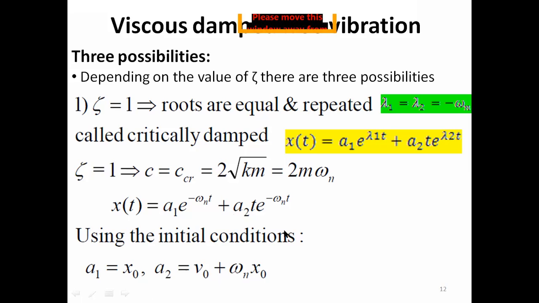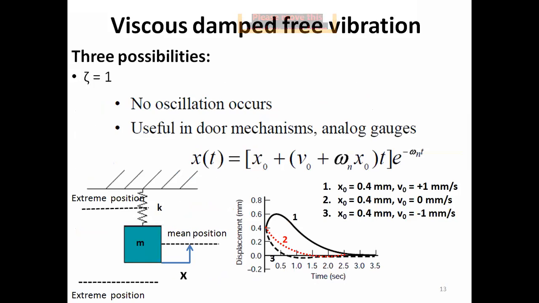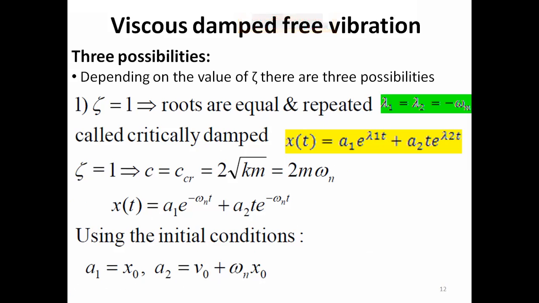So just by utilizing the initial conditions, we could find these arbitrary constants a1 and a2. After putting these arbitrary constants in this equation, a1 is x naught and a2 is v naught plus omega n x naught, we are putting that here.